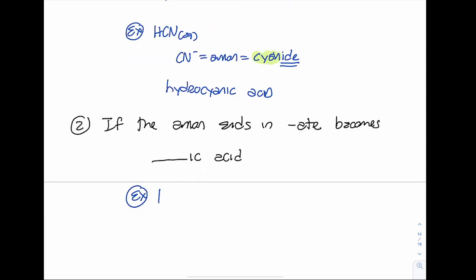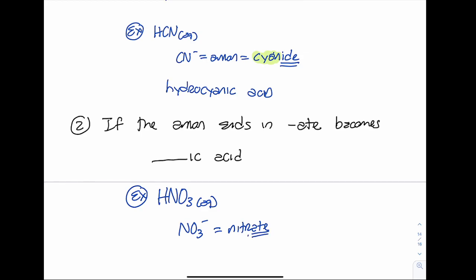An example for us, HNO3, right, this time my anion is NO3 minus, again another polyatomic ion. You do need to learn those. And nitrogen with 3 oxygens and a negative charge is nitrate.